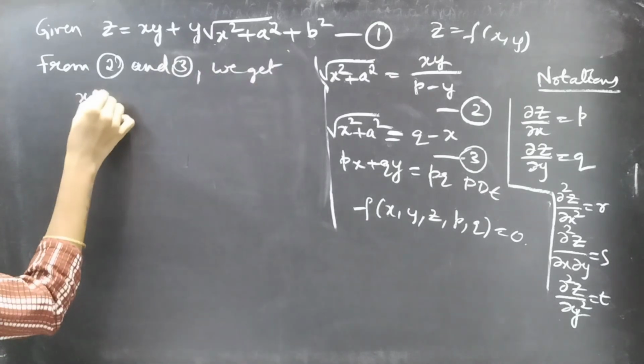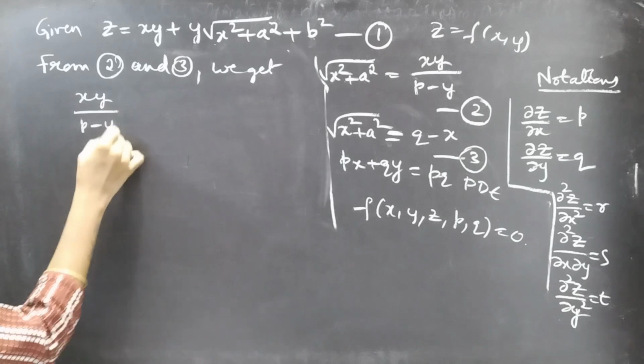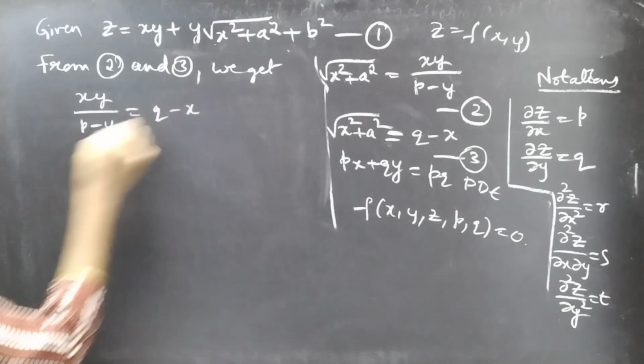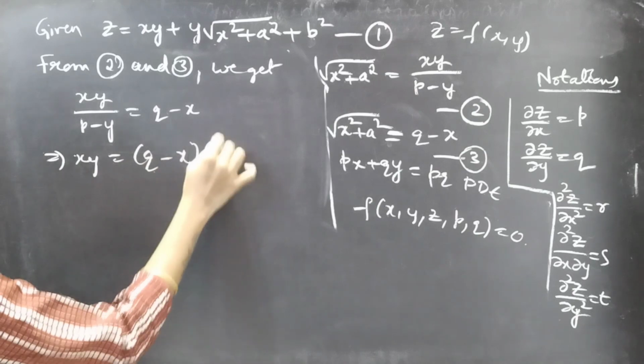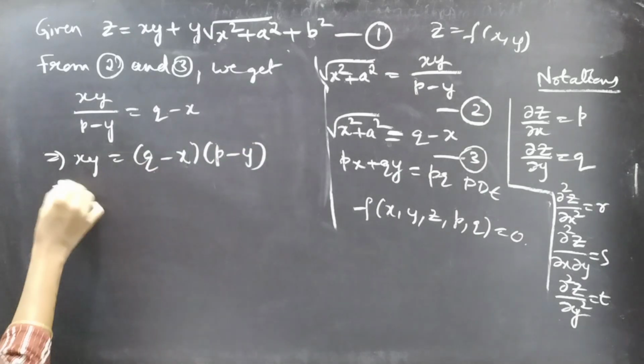From 2 and 3 we get xy by p minus y equals q minus x, which gives us, right? Now simplify this.